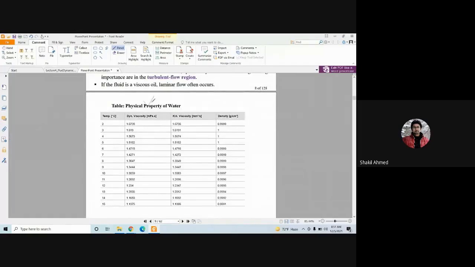Here you can get an idea: dynamic viscosity, that means mu, and kinematic viscosity, at different temperatures.